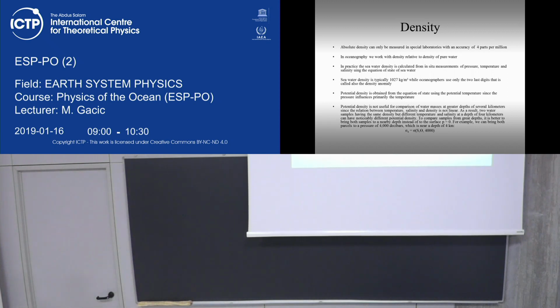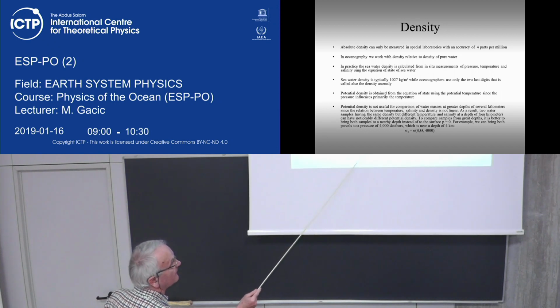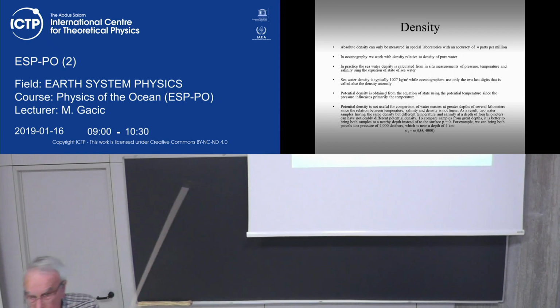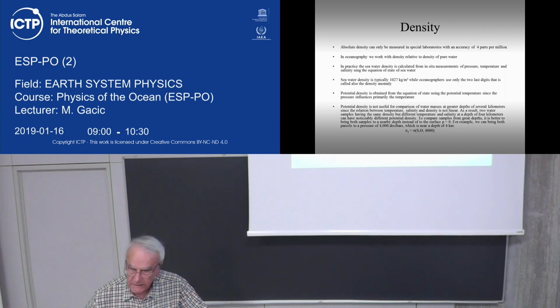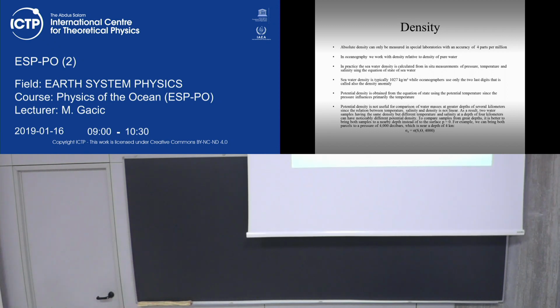But for the same relationship between temperature and salinity, we want to have the same density. In order to avoid this, we define the density relative to 4,000 decibars, 4,000 meters, 4 kilometers, and then we avoid this huge difference in depth between 4,000 meters and the surface, where we calculate the potential temperature.